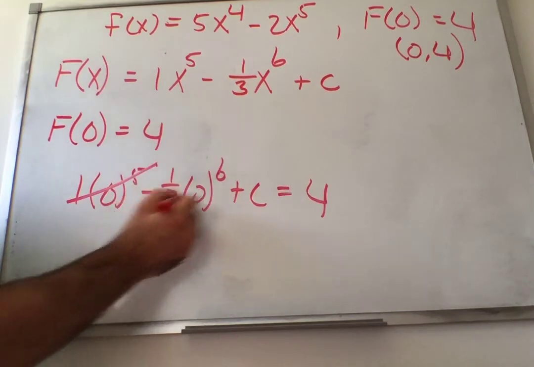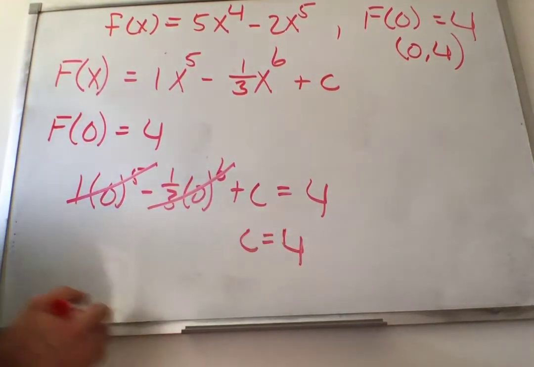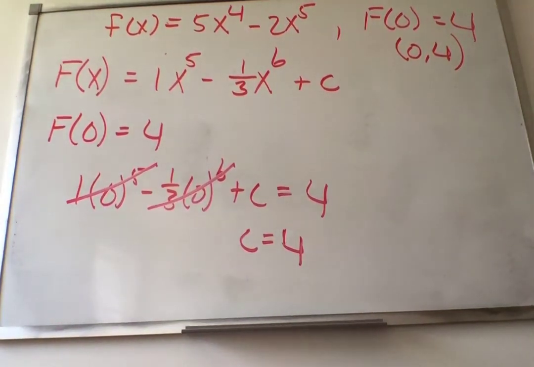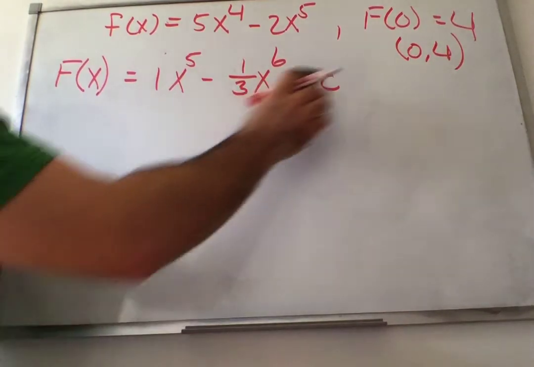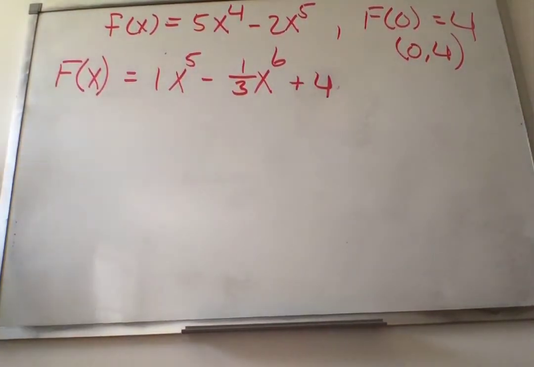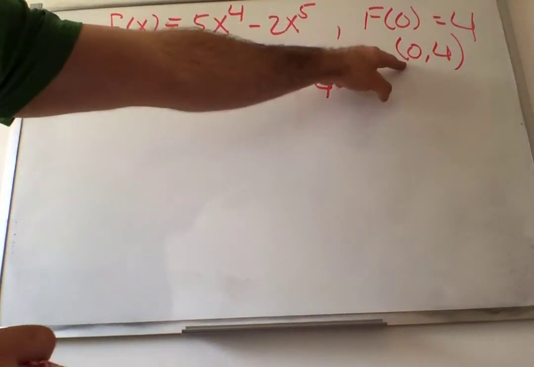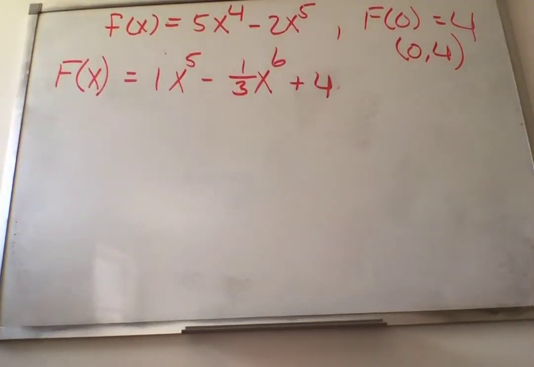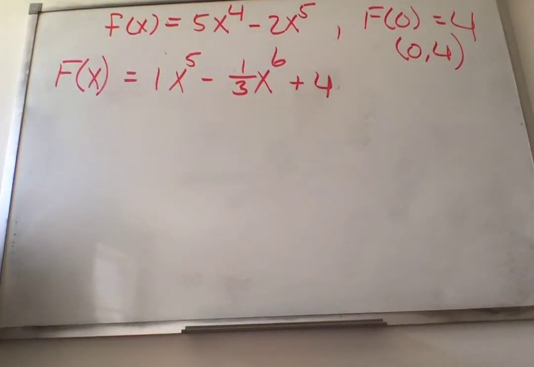Well, that's 0, you get c is equal to 4. So, now that we know what our c value is, this is the antiderivative that satisfies this initial condition, okay? Now this one turned out really easy because we had a 0 here and there's a power function. All the zeros go away.